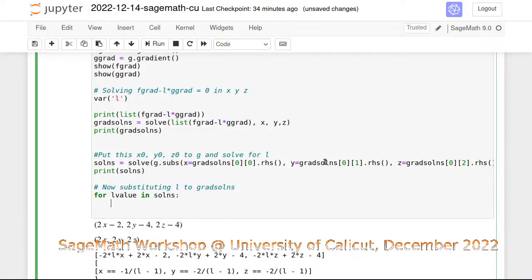Also, let us put x naught equal to this. We need to evaluate that, which consists of 1 by L minus 1, I guess.